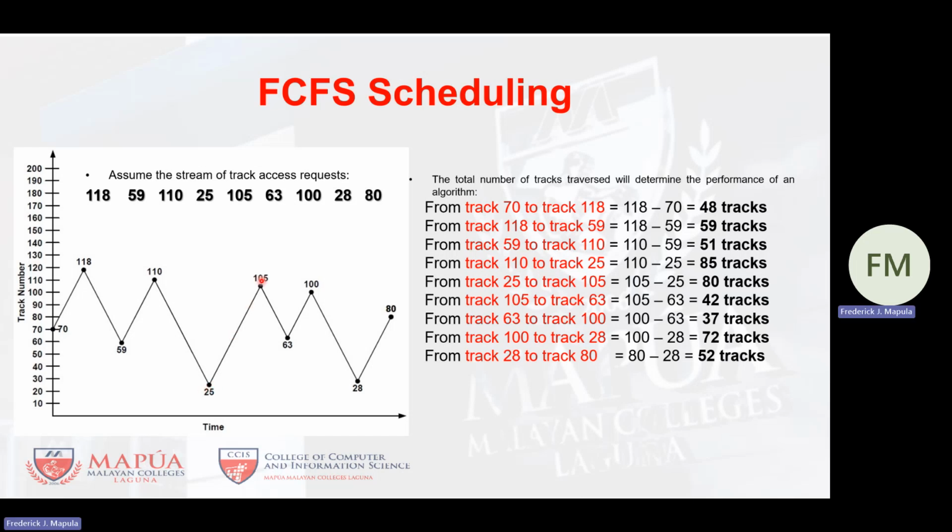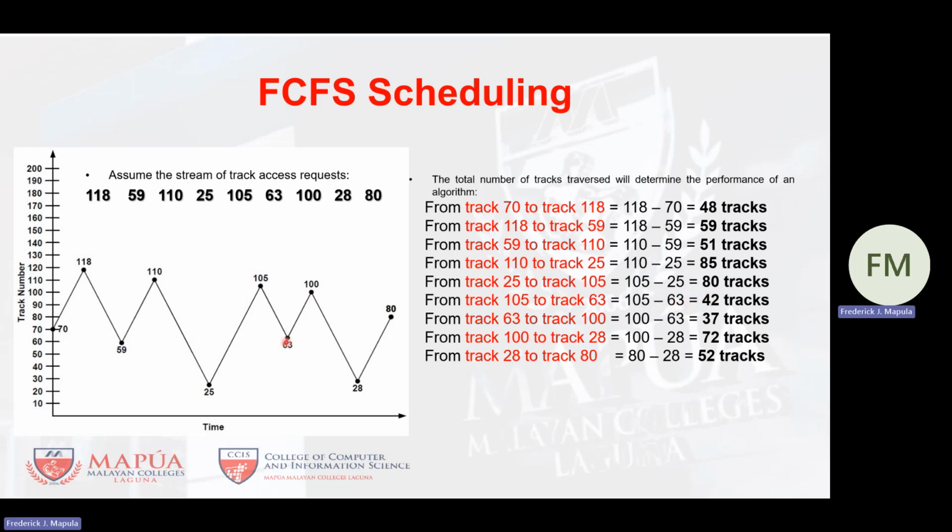25 to 105, as you can see, 105 minus 25 is equal to 80. And then we also have 105 to 63, so 105 minus 63 is equal to 42. Okay?